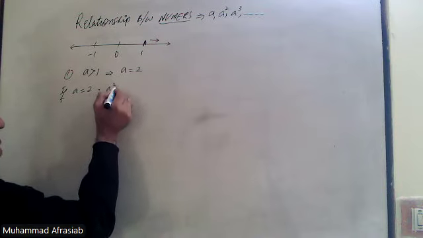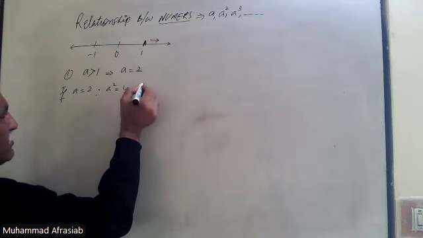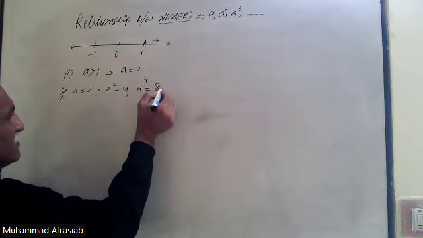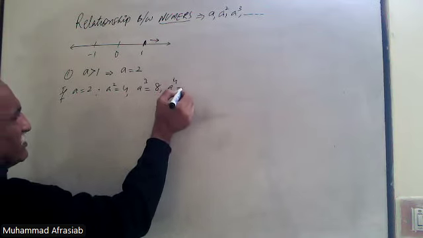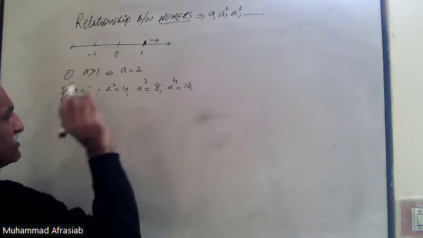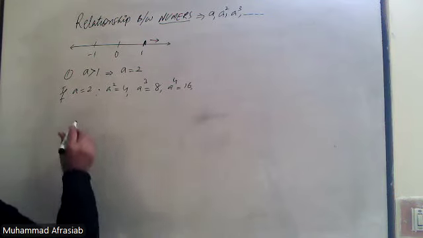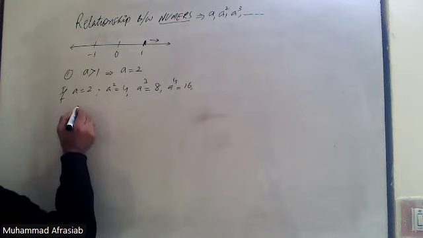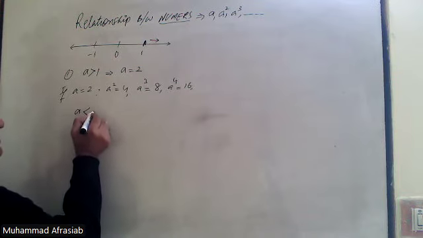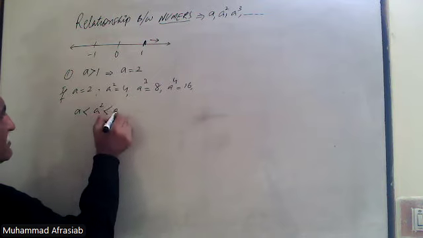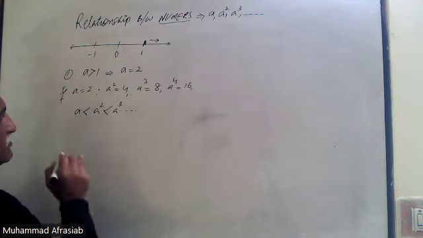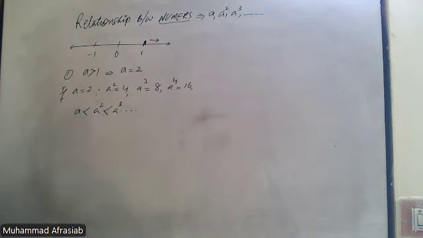Then a square is equal to 4, a cube is equal to 8, a power 4 is equal to 16, and onwards like that. So this indicates that a is less than a square, is less than a cube, and so on. So when a is after 1, then a is less than a square, is less than a cube, is less than a power 4, and so on.